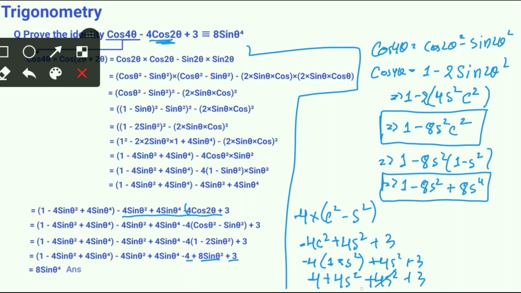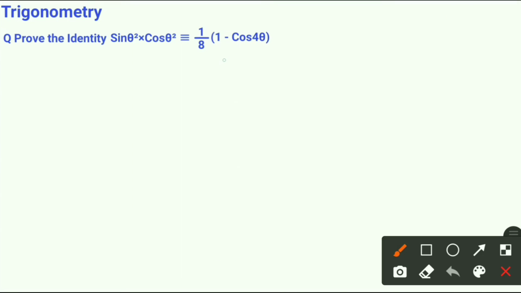So we have 4 sine square, and minus 4 plus 1, 3, and minus 4, cancel, cancel, cancel, and we have this answer. This is the answer.